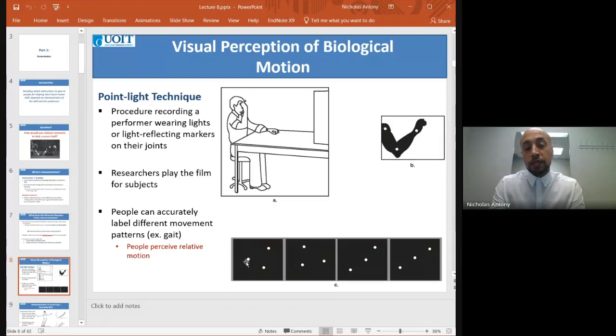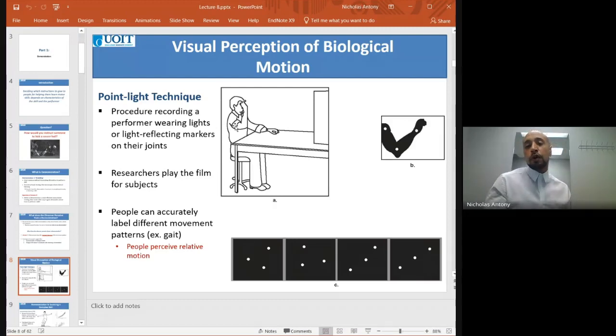What they would do is have the points move in the way that, do you remember when we used the infrared markers when doing stop motion animation for video games and stuff when we learned about kinematics?